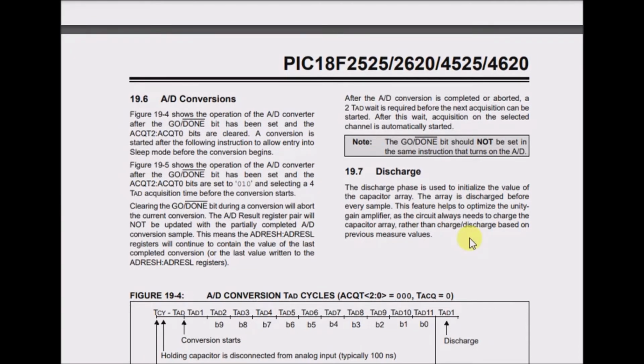The array is discharged before every sample. This feature helps to optimize the unity gain amplifier, as the circuit always needs to charge the capacitor array rather than charge or discharge based on previous measured values.